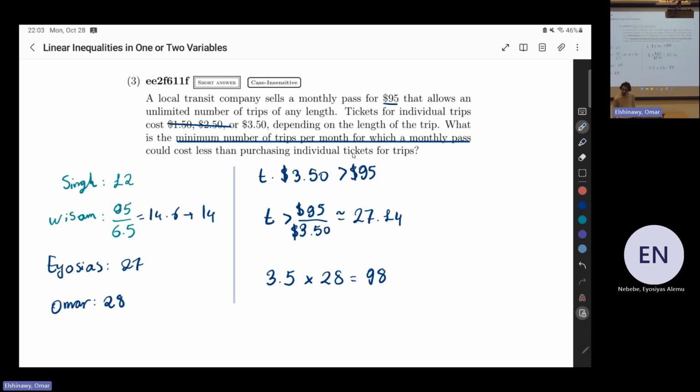Now, Flavia has a question. Why is it 28, not 27? So we want the minimum number of trips for which the monthly pass saves you money.